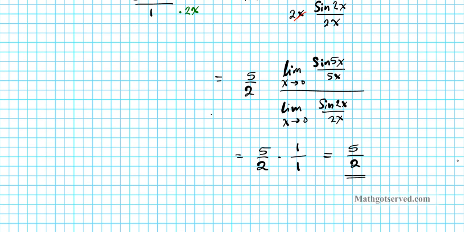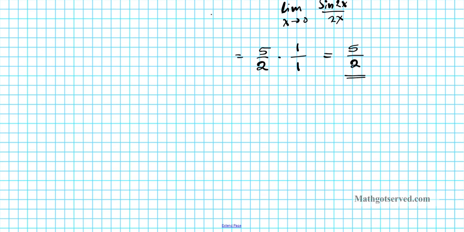This was number 2. Let's take a look at question number 3. For question 3, let's find the limit as x approaches 0 of sine 10x divided by 2 tan 3x.